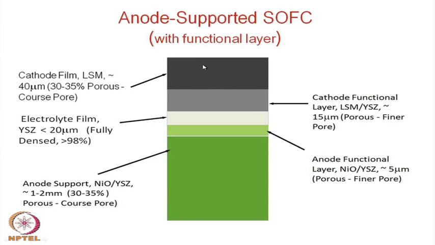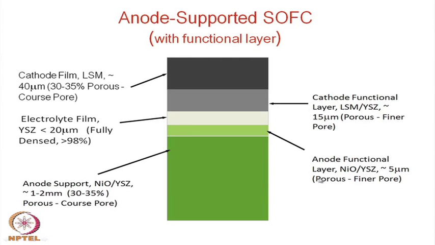So, if you go across these two layers, initially we have a coarse layer, and then in contact with the electrolyte there is a finer layer. Same thing happens on the other side. The basic anode has a coarse pore, and then the anode functional layer which is NiO YSZ.